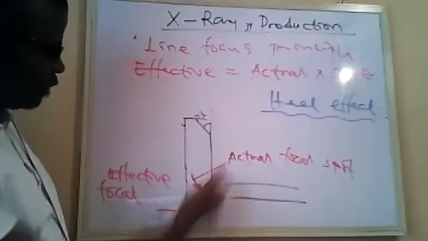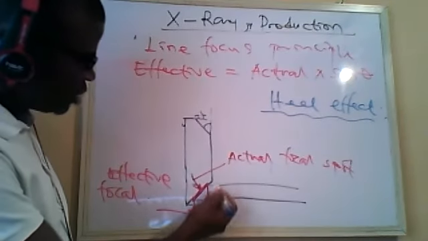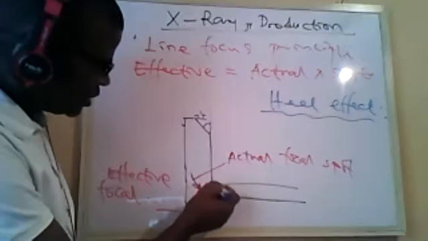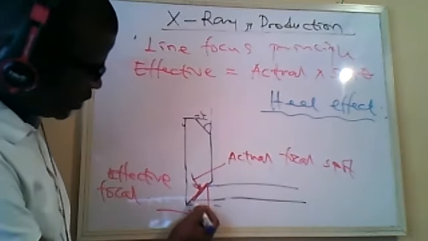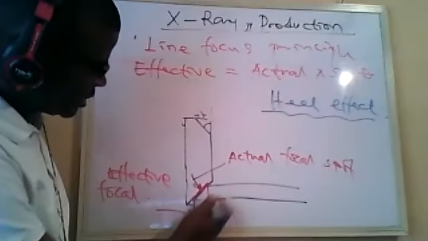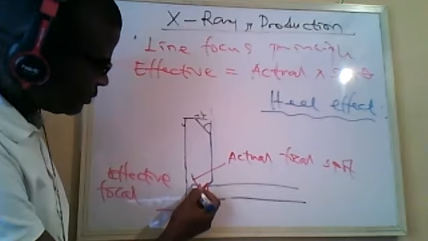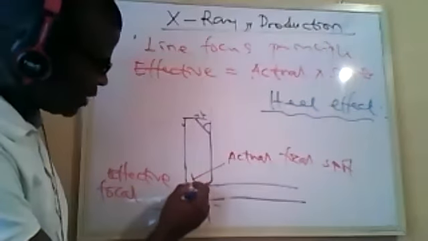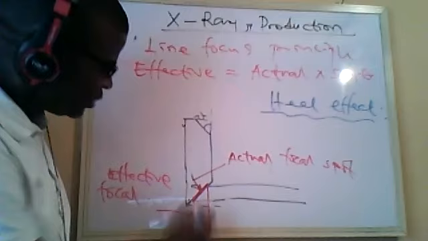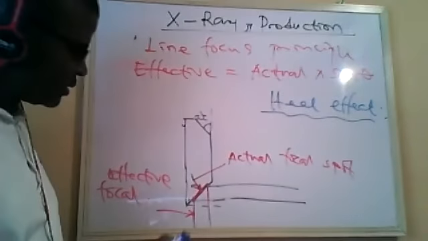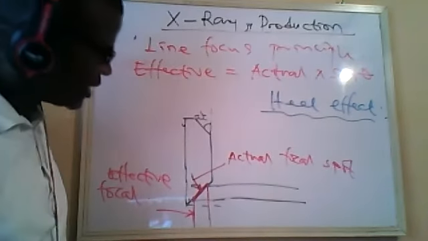Because of the angulation of this, some electrons will travel far inside this place before interacting, whereas others will not travel so far before interacting.